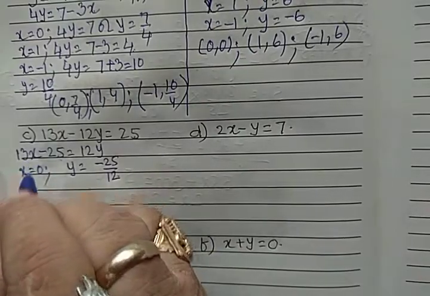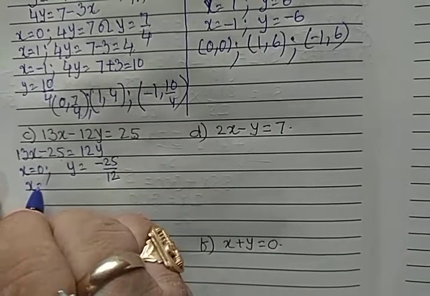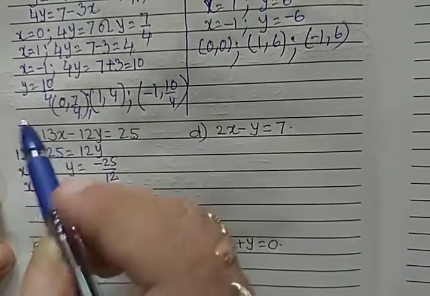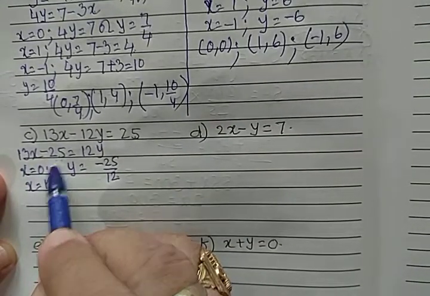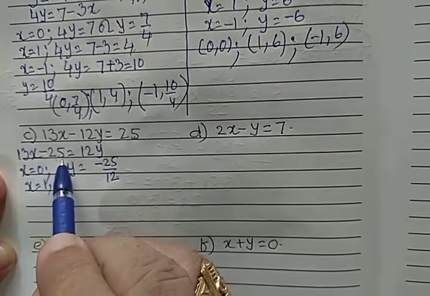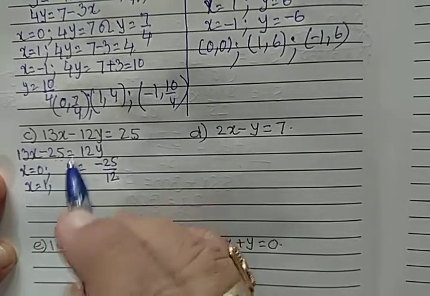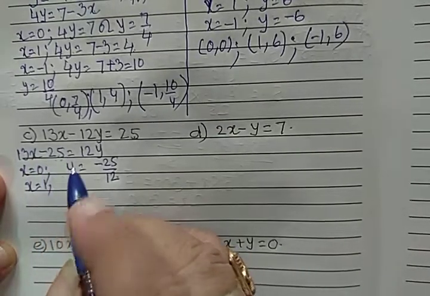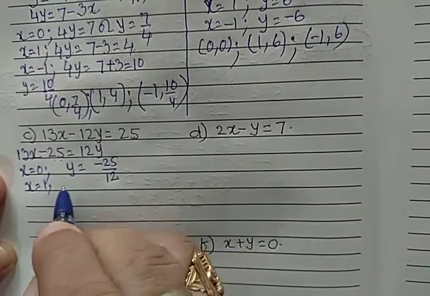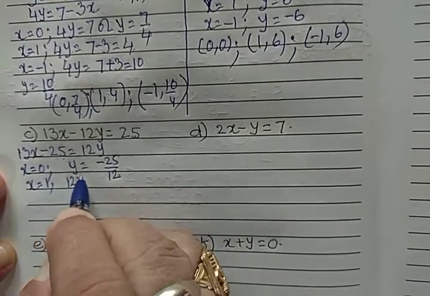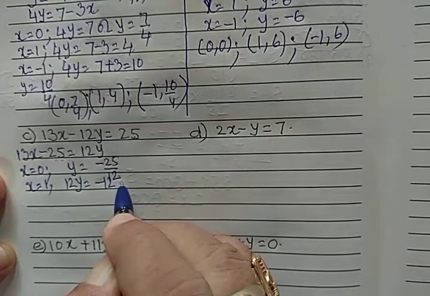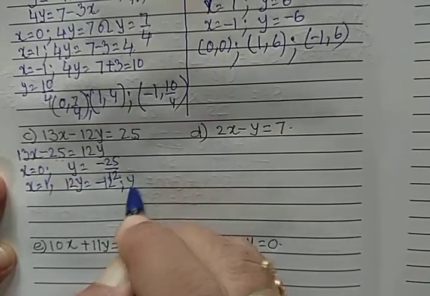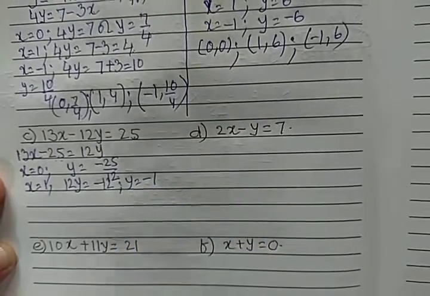Let us take x is equal to 1. Then what happens? This is 13 minus 25. So what you get? Minus 12. So 12y is equal to minus 12, or y is equal to minus 1.